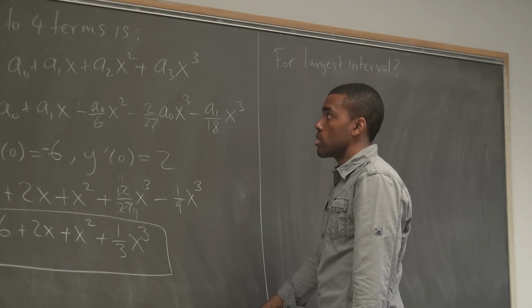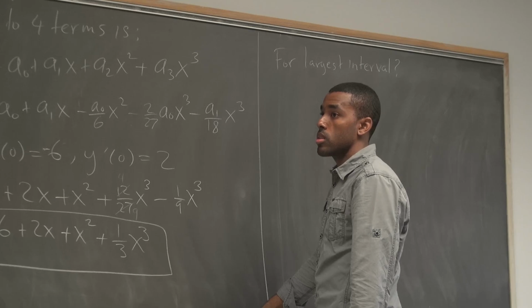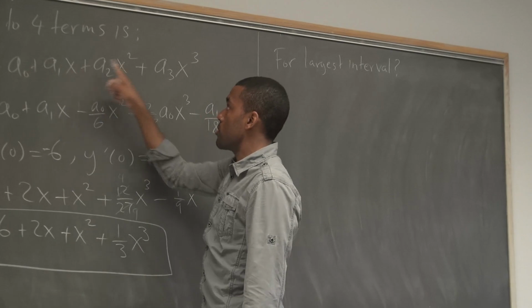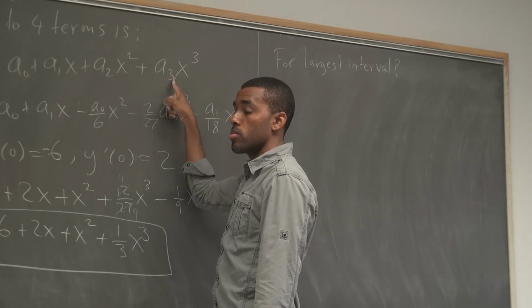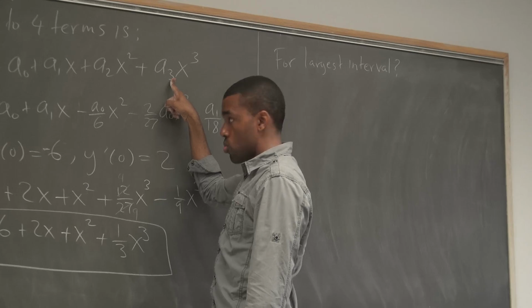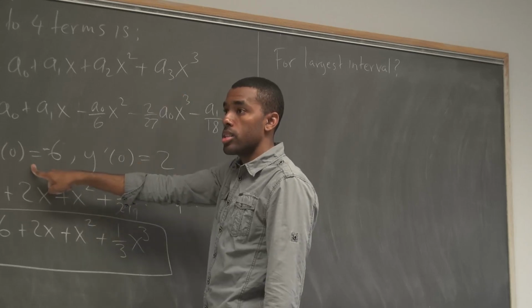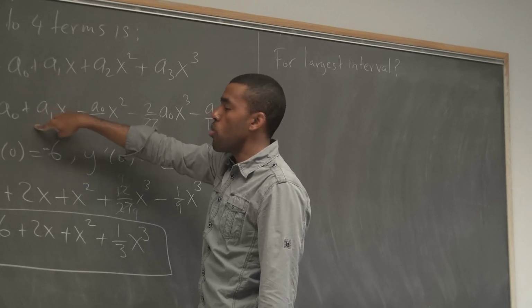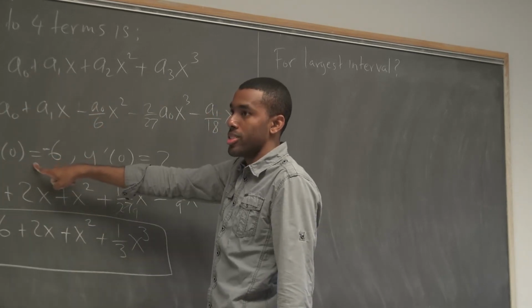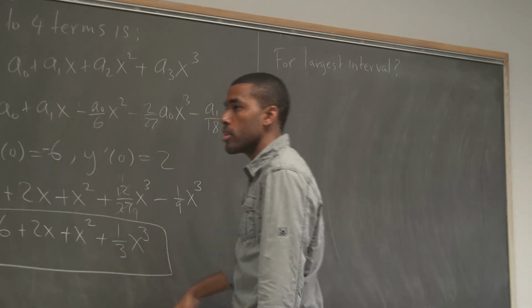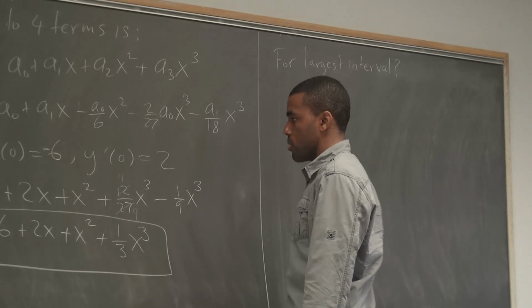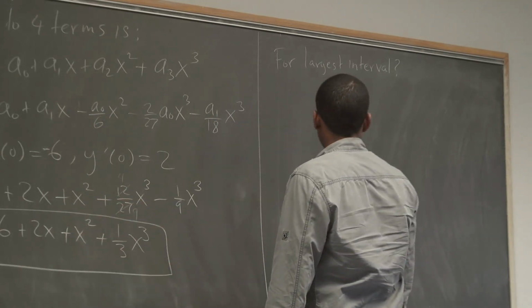They want you to plug in those numbers to get the 4 terms, which just means constant, x to the first, x to the second, x to the third, in terms of numbers instead of A naught and A1? Right, because they gave us the initial conditions. Remember, the A0 and A1 are sort of like the C1 and C2 from before, right? So whenever you're given initial conditions, you're expected to plug them in. So I plugged them in here and I got the first 4 terms of the series solution.